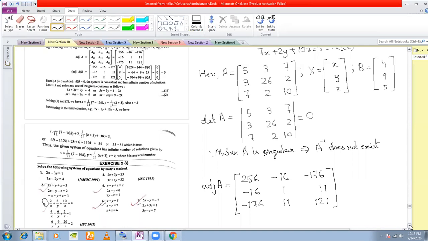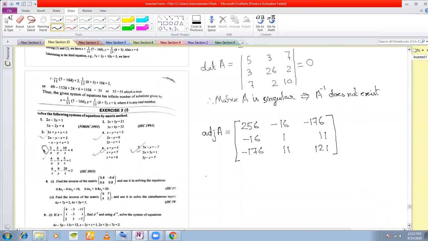Now what you do is you multiply adjoint of A with B and check whether you're getting a null matrix or a non-null matrix.